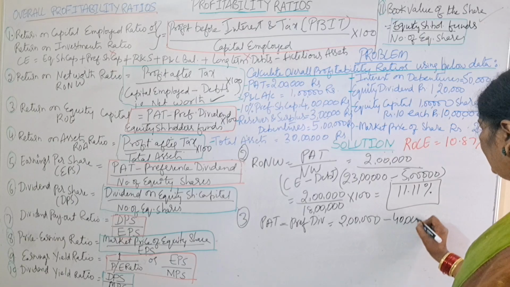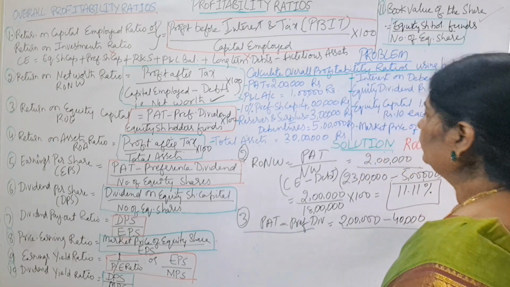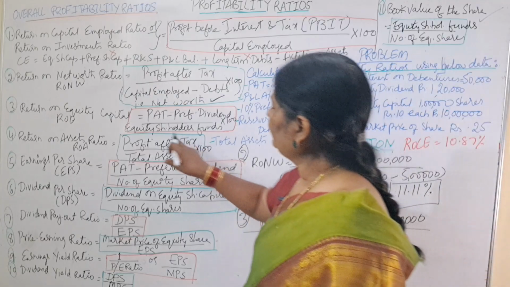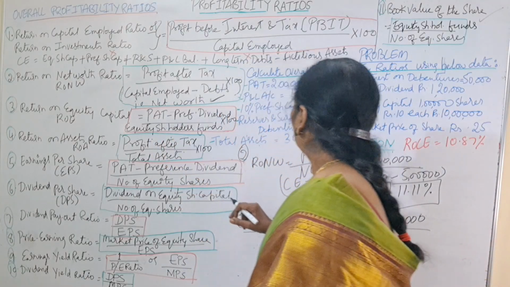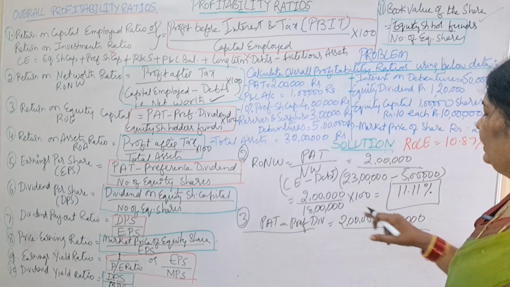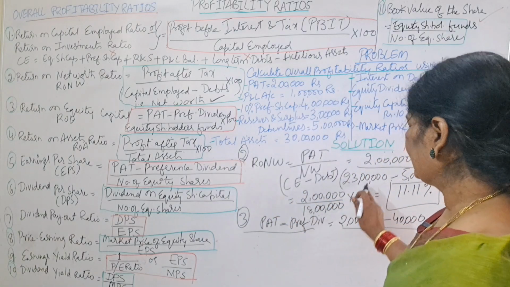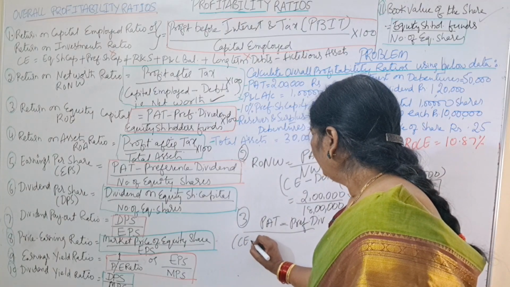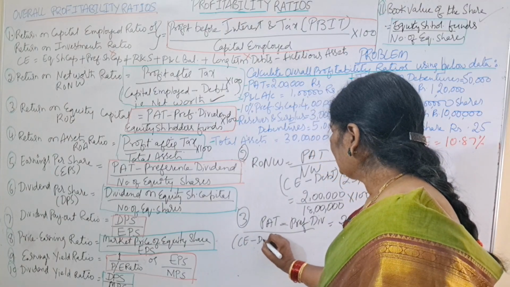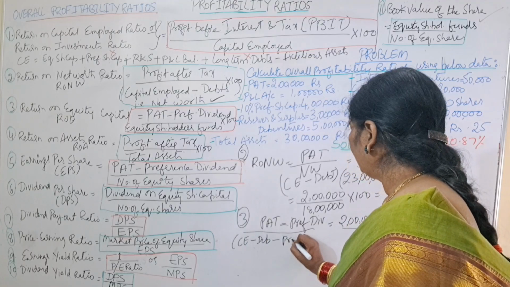So minus 40,000 divided by equity shareholders' funds. We have calculated capital employed, no? How much capital employed did we get? 23 lakhs. What we will do is, from capital employed, you deduct debentures and also you deduct preference share capital.